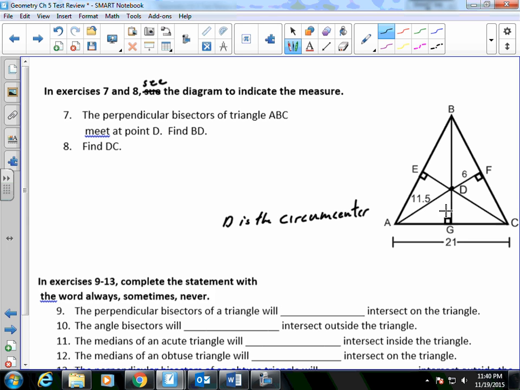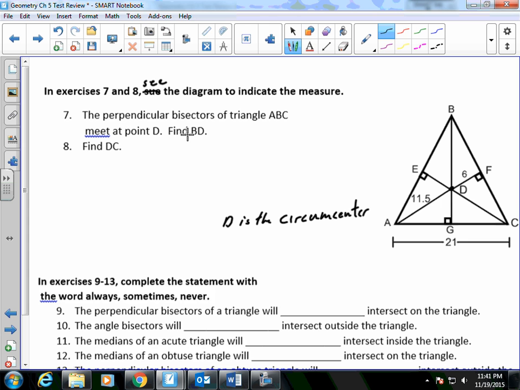And the circumcenter, once we've got it created based on these perpendicular bisectors coming from the sides, we should know that the circumcenter is equidistant from each of the vertices. So D to B should be the same length as D to A and D to C.